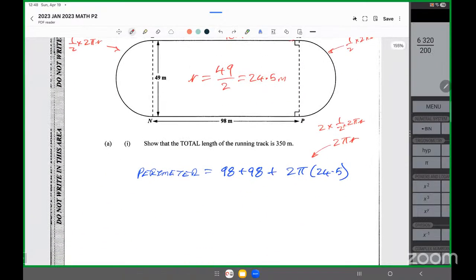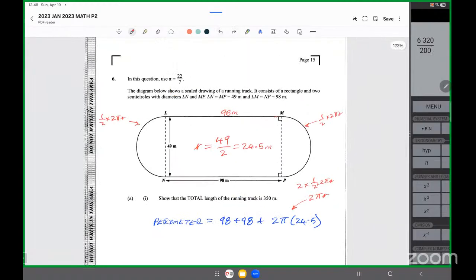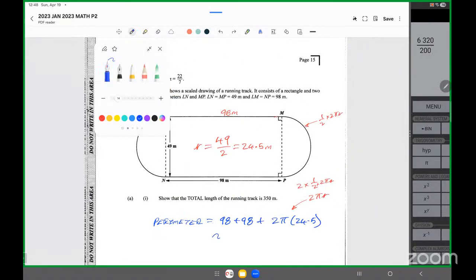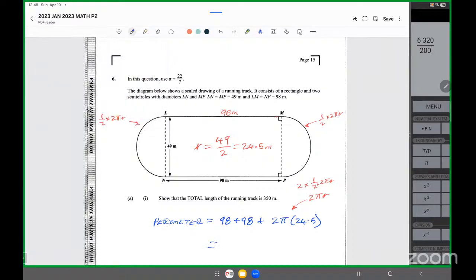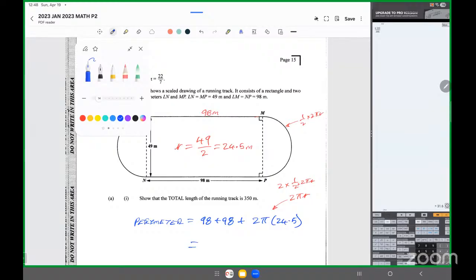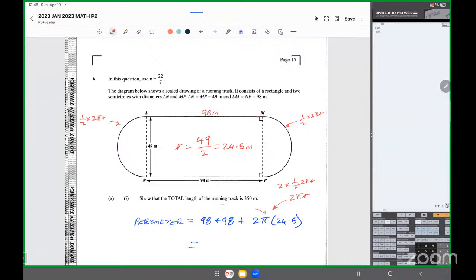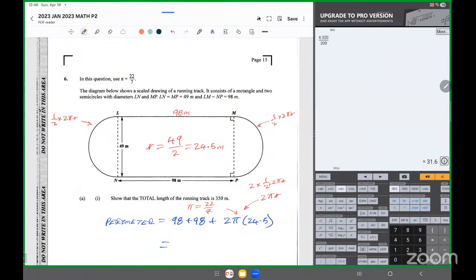I'll put this in the calculator. The question said pi is 22/7, so I'm going to put that in the calculator and see what we get. You're going to get 98 plus 98 plus 2 times 22/7 times the radius of 24.5. 350 flat.